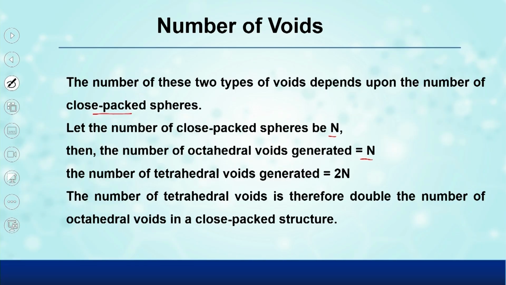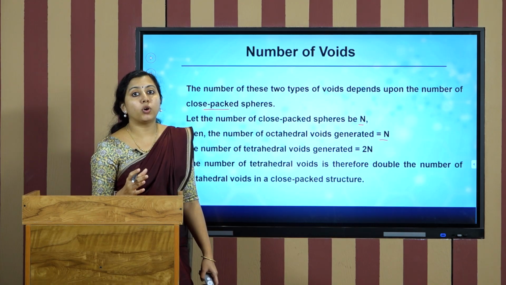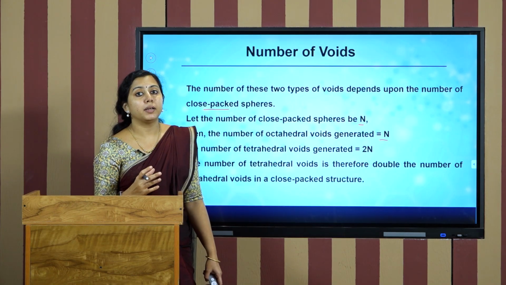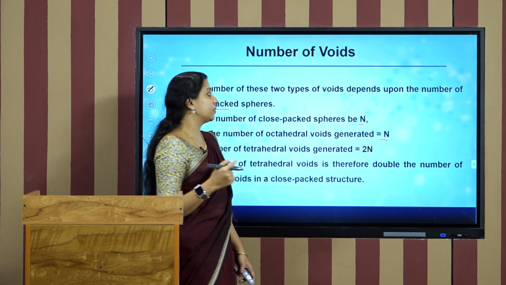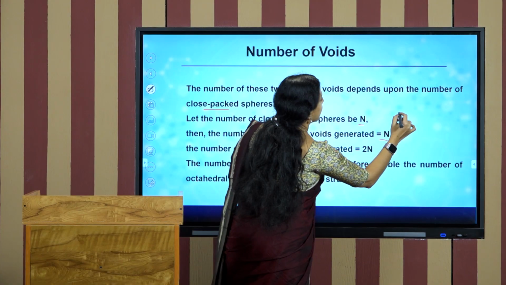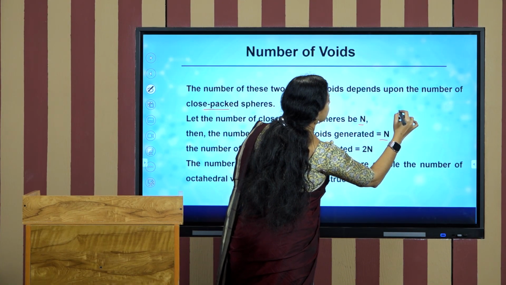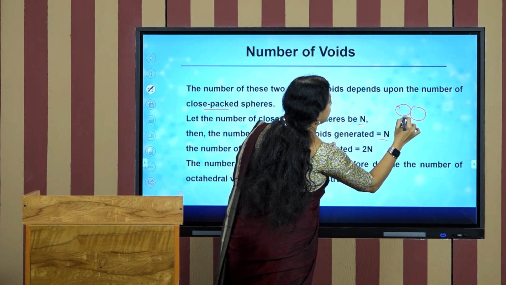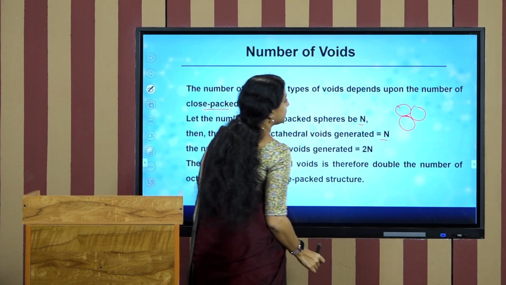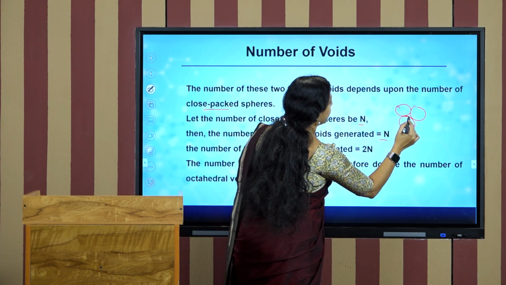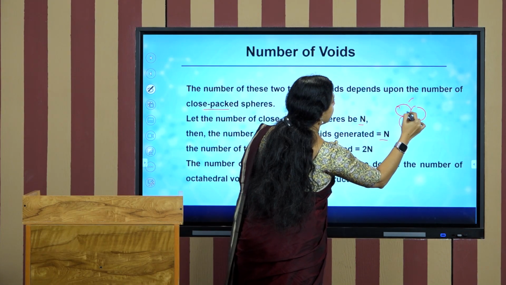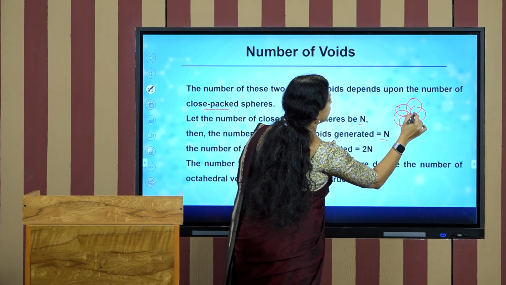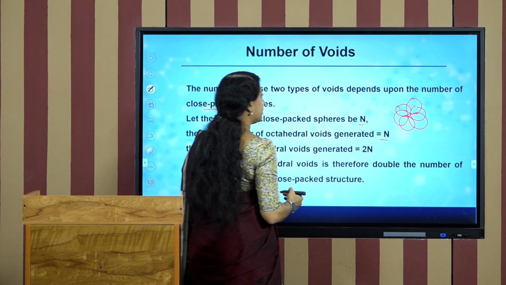So, we have seen that an octahedral void is formed by 6 spheres. So, 3 spheres here, and again on the top of it we have another 3 spheres.